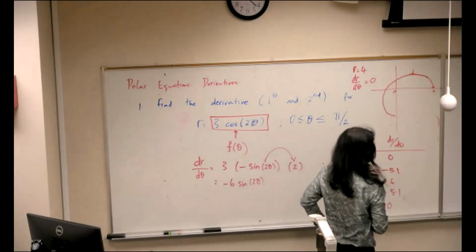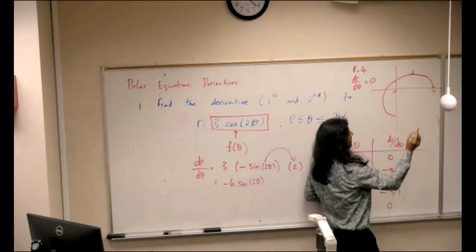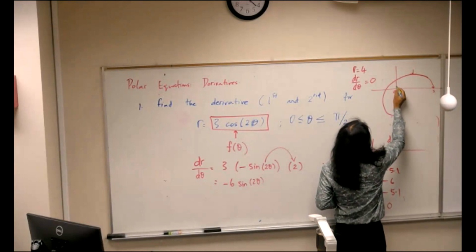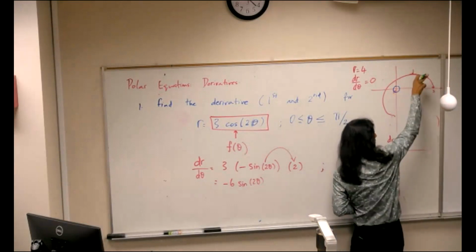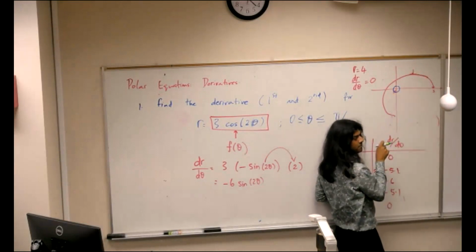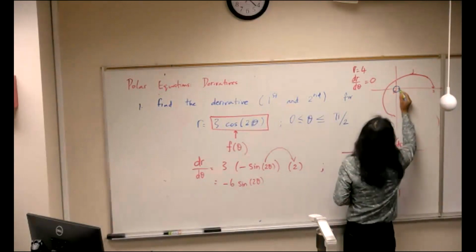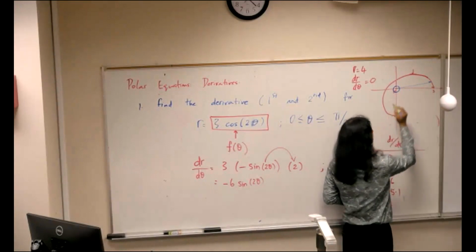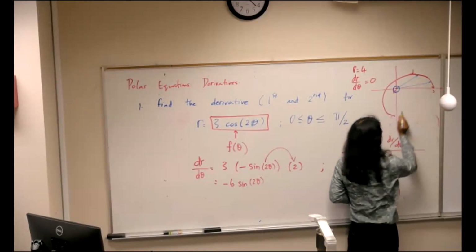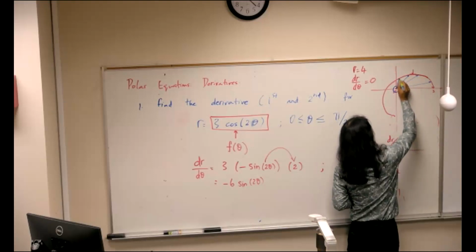Over here, you have a bunch of circles. The distance from the center to whatever point you have is simply the radius. Do we agree? First line, second line, third, fourth.